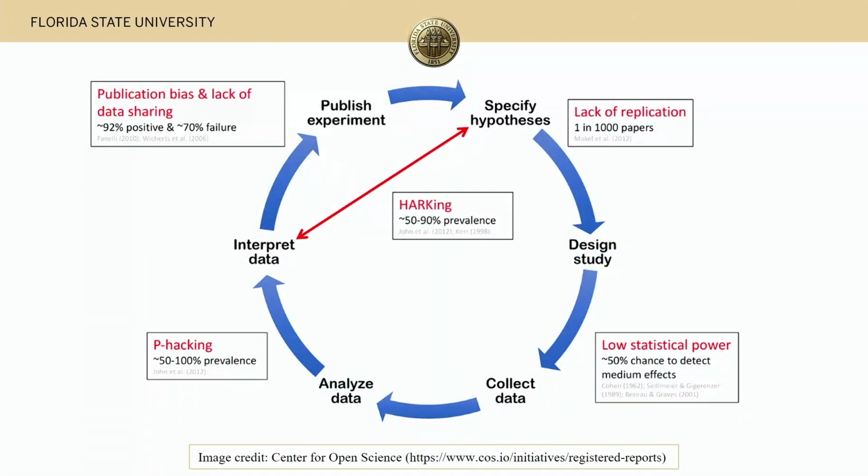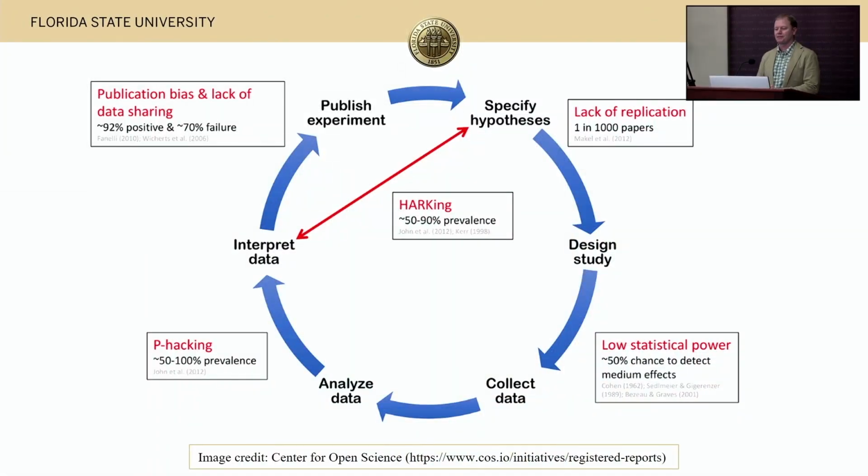But anyhow, then there's HARKing. This stands for hypothesizing after results are known, which, again, you may notice connections between all of these are bad for the enterprise, right? They can lead us to conclusions that aren't generalizable or maybe are not even correct.